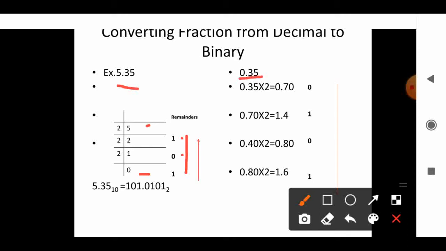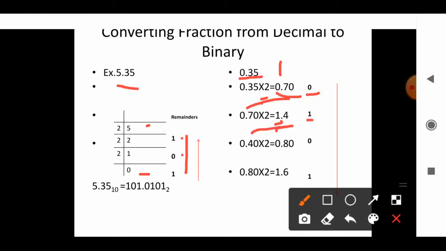So what is the fractional part? 0.35. For the fractional part, you have to multiply the number by 2. 0.35 into 2 is 0.70, the integer part is 0. Multiply 0.70 by 2. The value is 1.4, the integer part is 1.